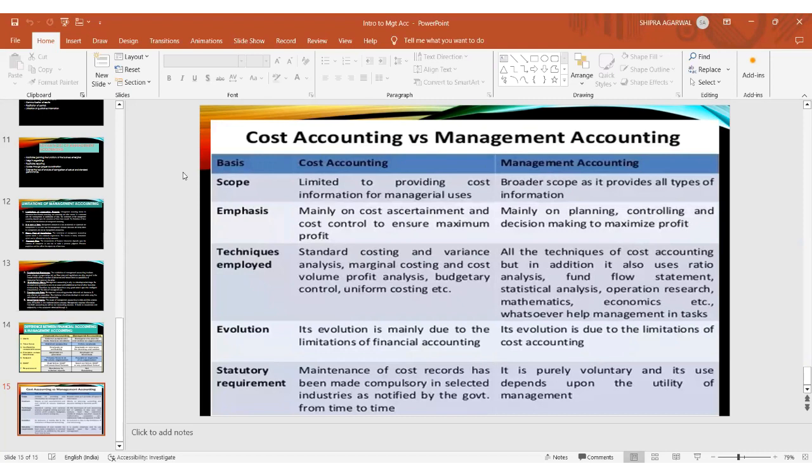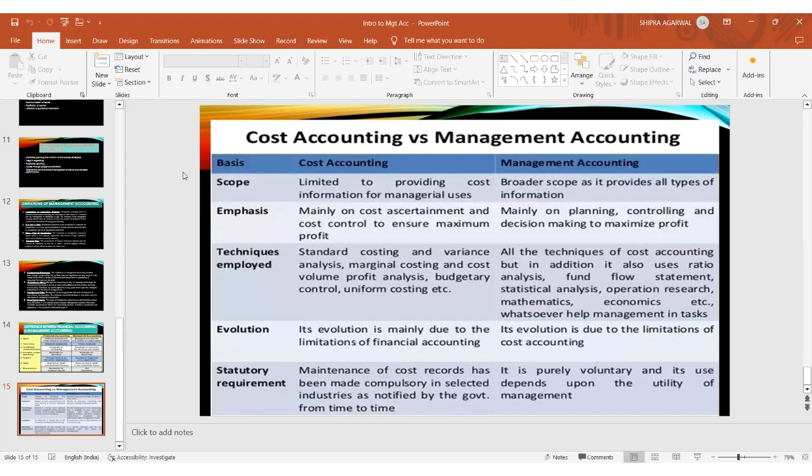And apart from those, there are many other techniques being used, like ratio analysis, fund flow statements, statistical analysis, operational research, mathematics, economics, etc. Everything that is required for taking the decision, whatsoever it may be. So the overall scope of management accounting is much, much broader as compared to cost accounting, right?